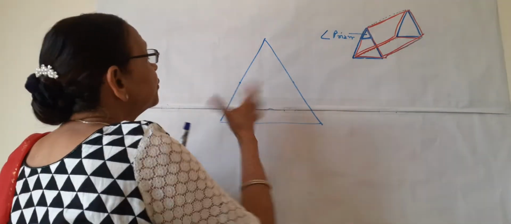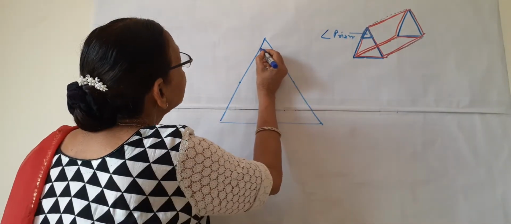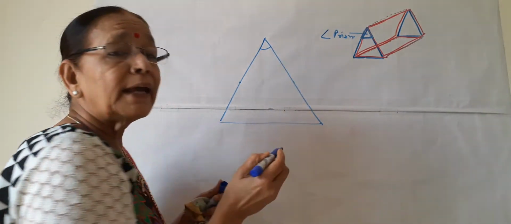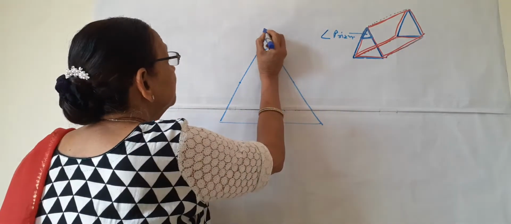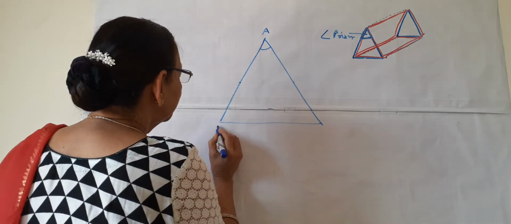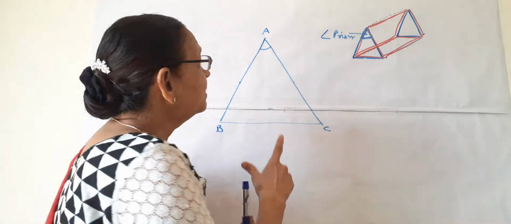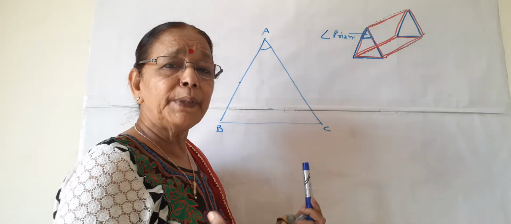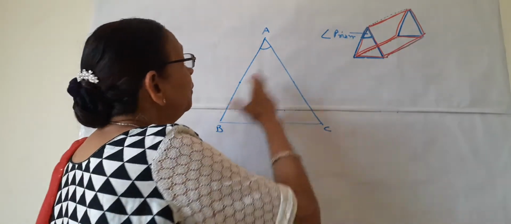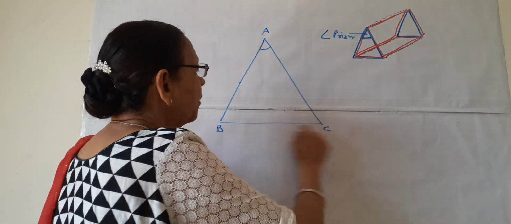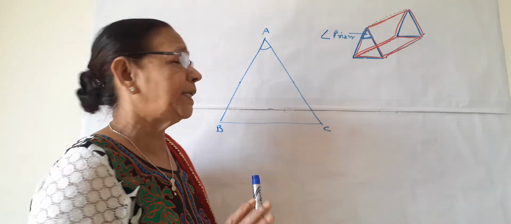So these two surfaces, as I have told you, the angle in between them is the angle of the prism. Suppose this prism is ABC. How do we do this experiment? On a white paper sheet, we put this prism and draw a line around this triangular base.